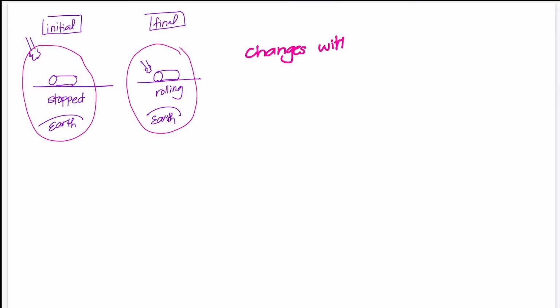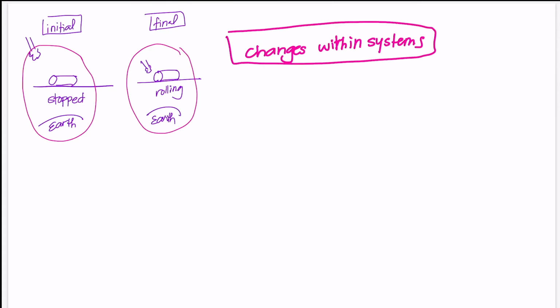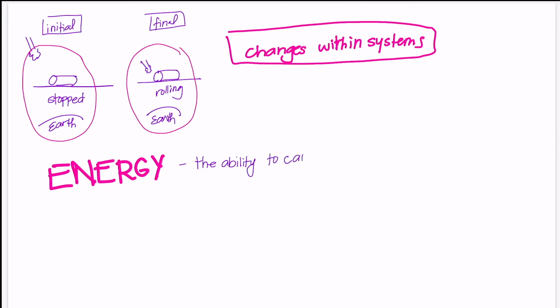Within systems. So this is where we're going to start with our energy discussion. And in our class, we are going to say that energy is the ability to cause a change.